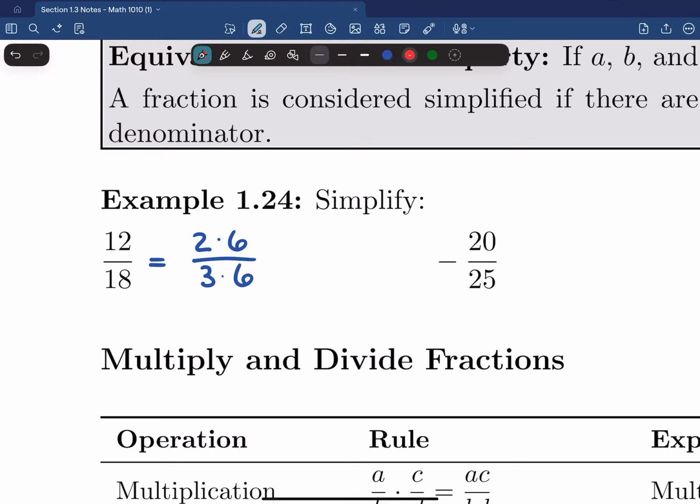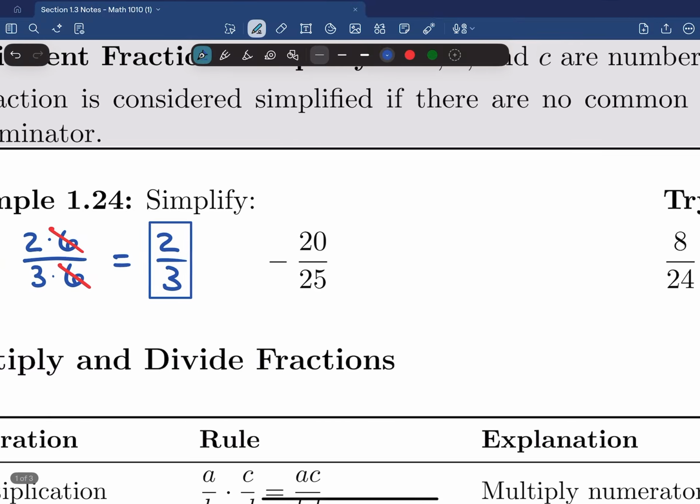I notice that 6 is a common factor in the numerator and denominator, so it can be canceled. And I'm left with 2/3. So 12/18 is an equivalent fraction of 2/3. But 2/3 is the reduced fraction. It's been simplified. We always want to simplify fractions if possible.